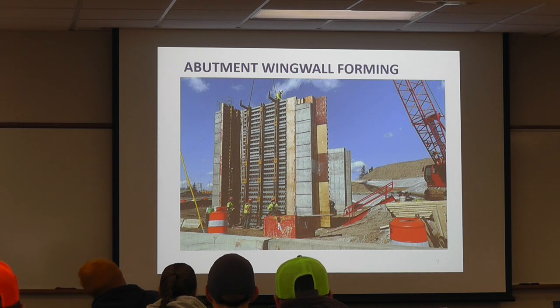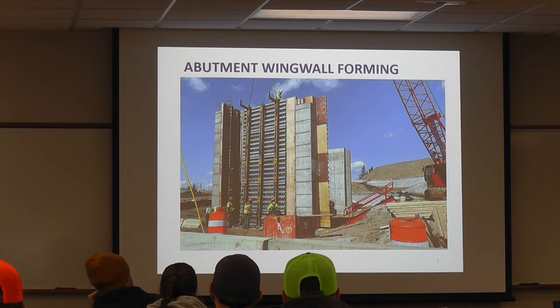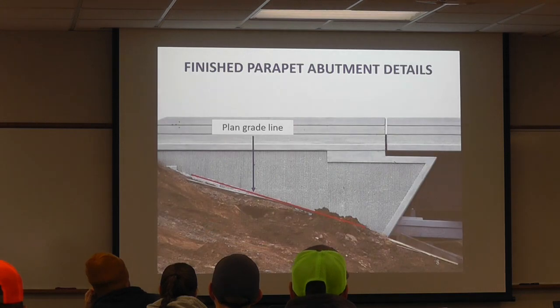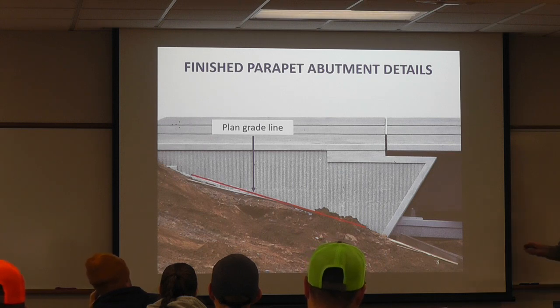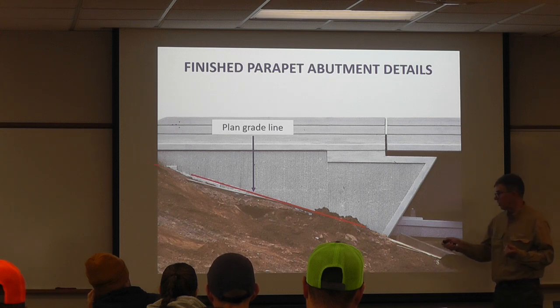So when we're forming the abutment wing walls, there can be some little complicated forming. There's always going to be some kind of a chamfer, but here we're doing some forming to be able to construct that particular abutment. The plans will always have some kind of a grade line, where you need the finished grade to go.